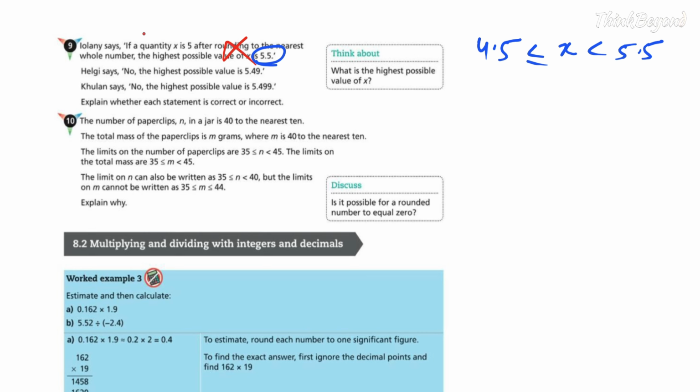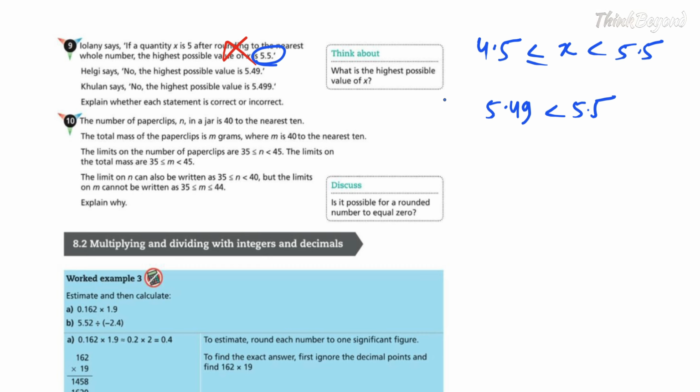Now come to Helgi. No, the highest possible value is 5.49. You can say approximately correct, because 5.49 is less than 5.5, right?